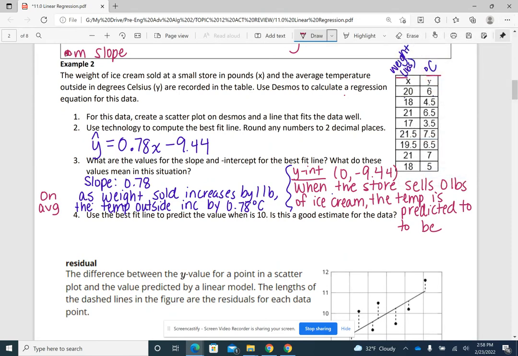What's it predicted to be? Negative 9.44 degrees Celsius.